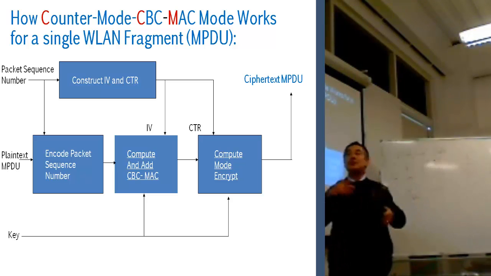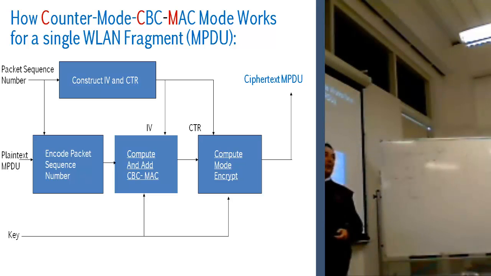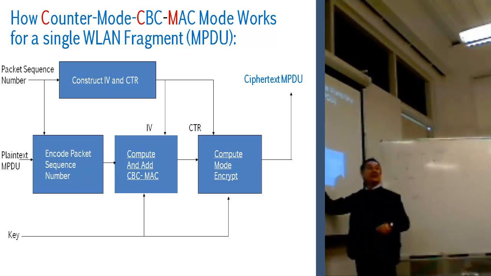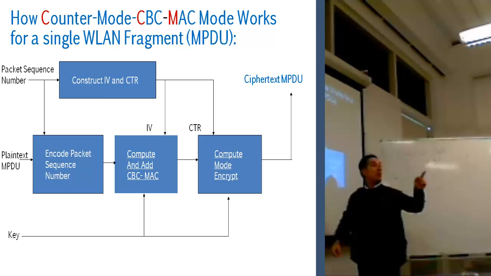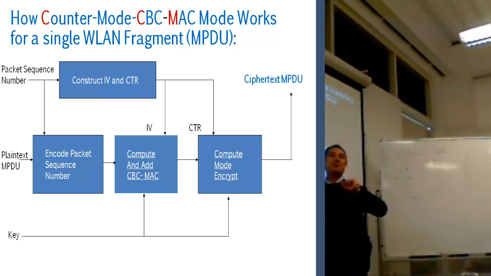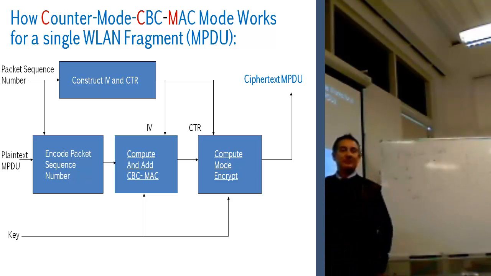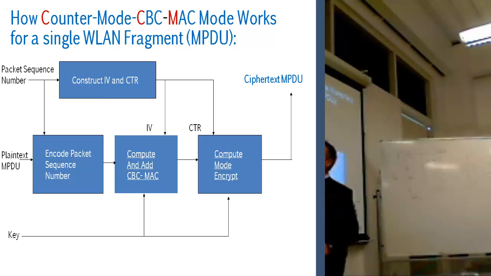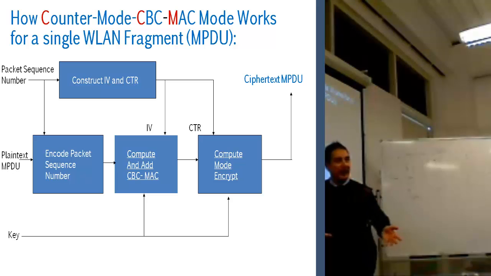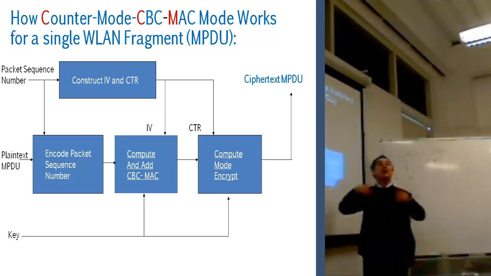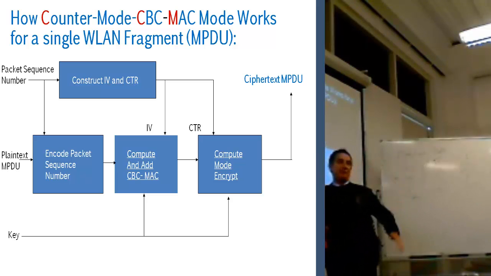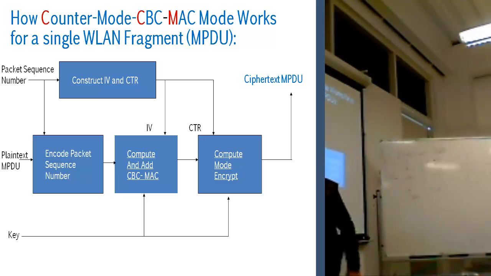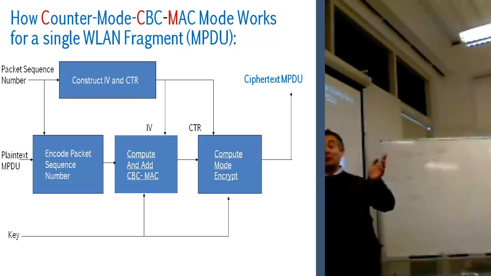So how many different plain texts should I try so that I can have the same MAC with a probability more than 50%? How many different plain texts, or versions of the same plain text, should I try to get the same MAC with a probability more than 50%? This is called the birthday attack. I mean, the birthday paradox.